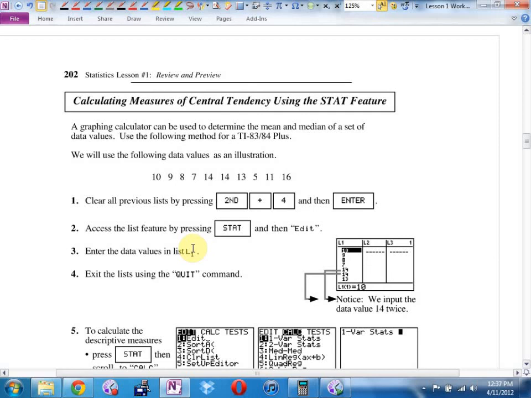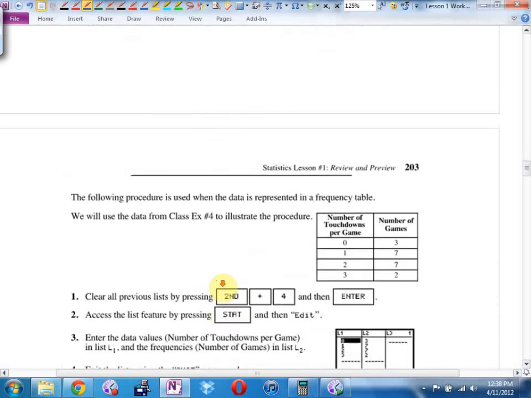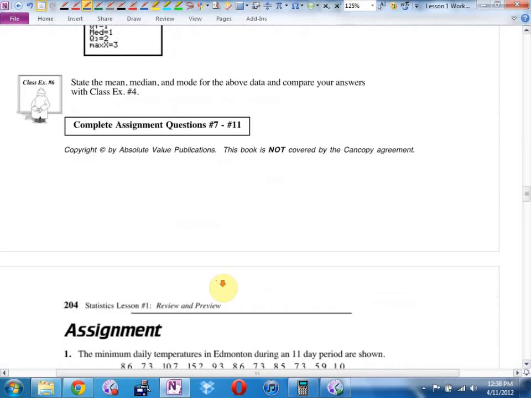Who had the TI? Okay, my other class. I got another student who's got a TI calculator. These are the instructions for the TI calculator. That's why I typed up my own notes for the Casios. So it says, using the stat feature, these are not the proper instructions. If you try following these, you'll freak out. But let's try solving a question or two. Oh, no. Never mind. We're done.